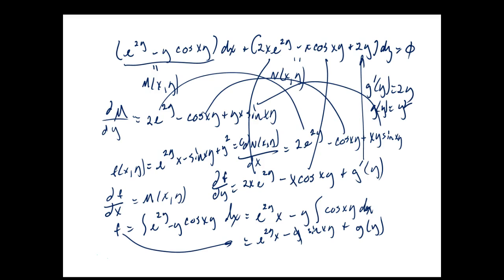Yeah, this is your partial with respect to y. That became that. So you go back to your F, and that's that plus, and your G that you found out there was y squared. So that's your exact solution. F of xy is equal to some constant c. Okay.